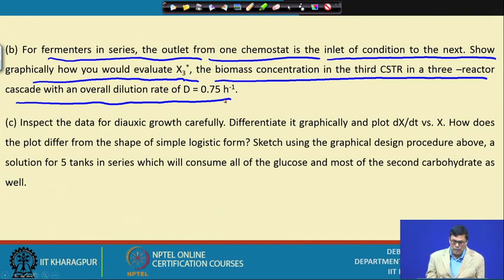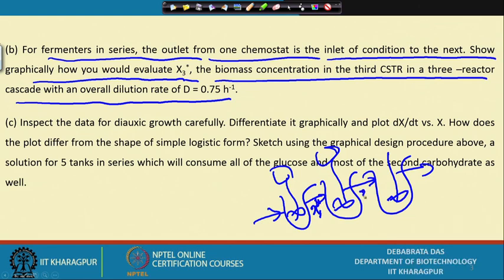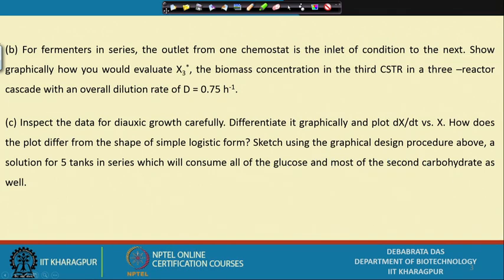Suppose this is one CSTR and this is another CSTR, and this is the third CSTR, connected to each other. Here we have x1 star, at steady state condition x2 star, and here x3 star. We shall have to find out what x3 star is when D equals 0.75 per hour. This is the problem that we have.